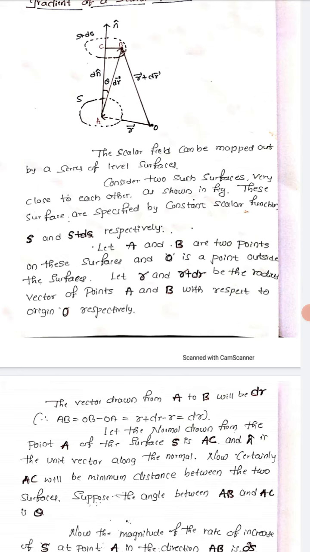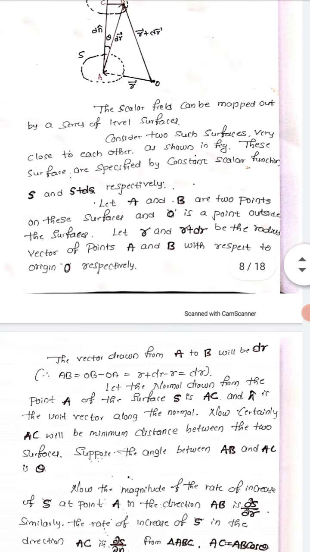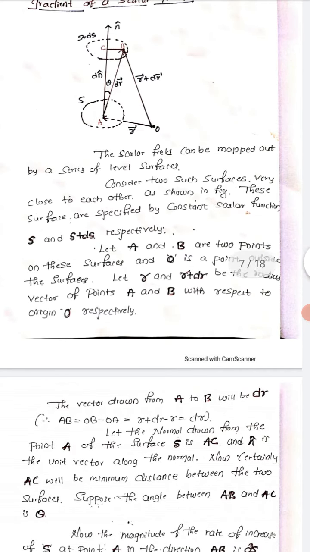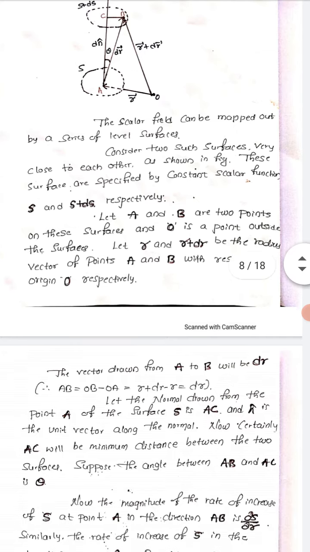Now AC will be the minimum distance between the two surfaces. Suppose the angle between AB and AC is theta.